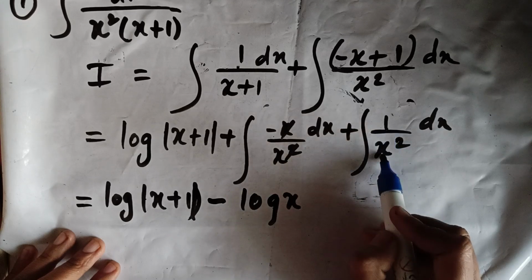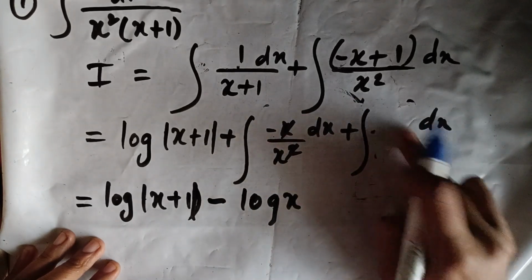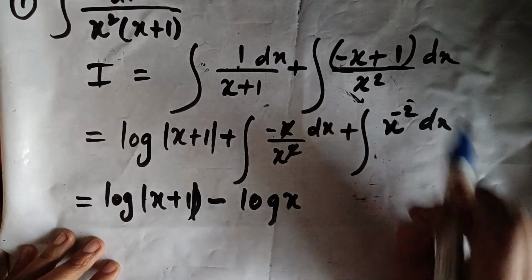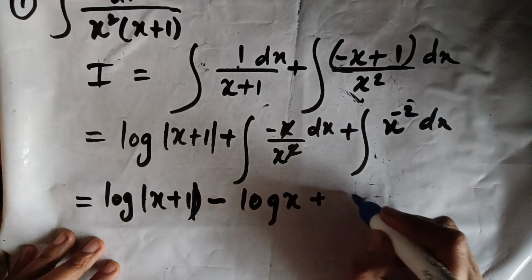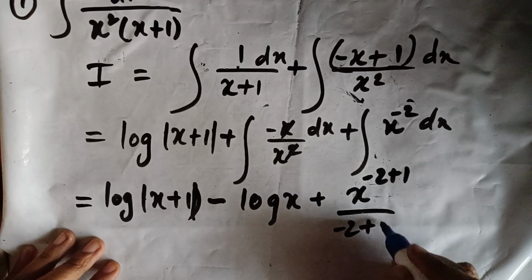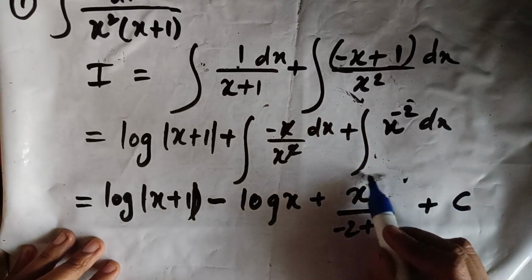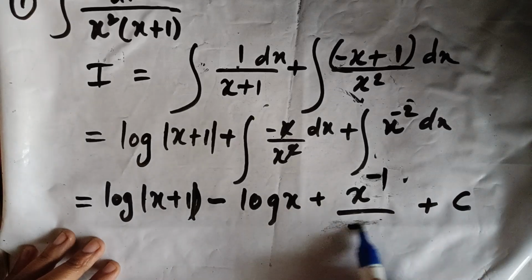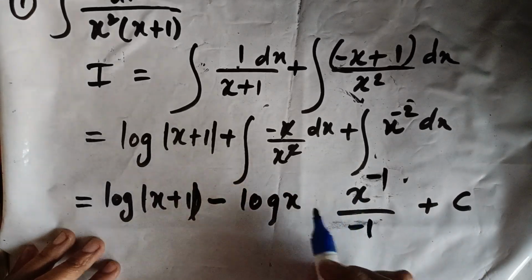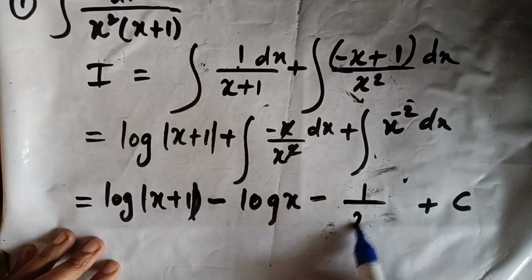Then this becomes 1 upon x square, means you are getting x raised to minus 2. So this is x raised to minus 2 plus 1 upon minus 2 plus 1, so this is x raised to minus 1 upon minus 1. So you can take this minus here and I'll write this as 1 upon x.